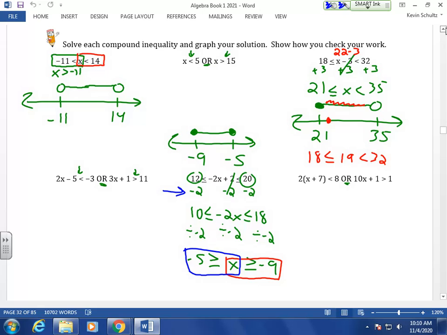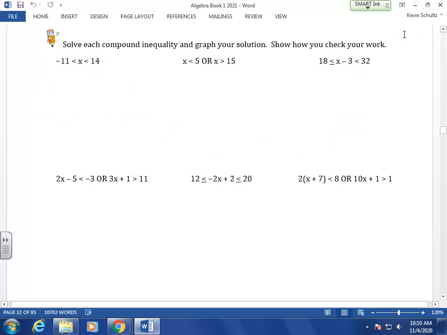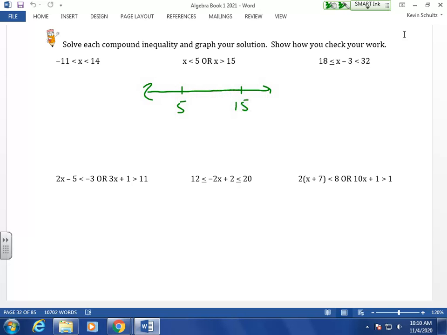Okay, let's go to the ors. And back up to that top row, where we have x is less than 5 or x is greater than 15, that one's ready and tailor-made for us to graph because x is already by itself. So we're just going to do this. x is less than 5, open circle going left, or x is greater than 15, open circle going right.